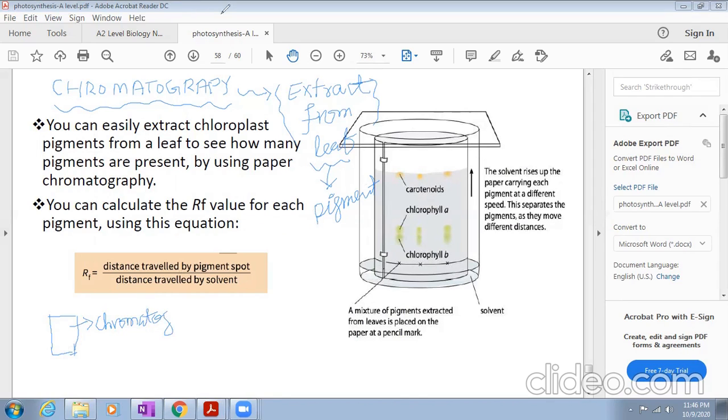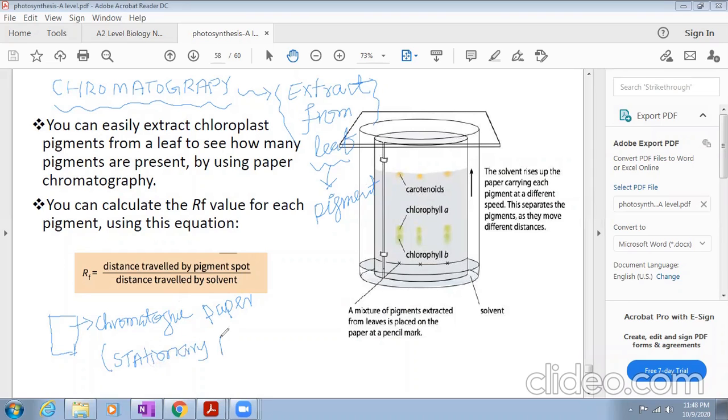This chromatographic paper is the stationary phase of chromatography, the stationary phase.